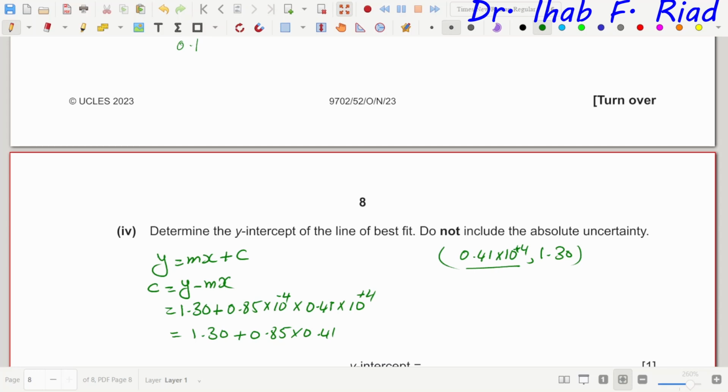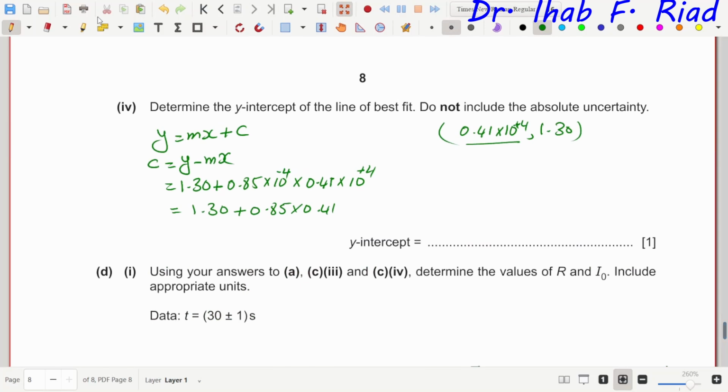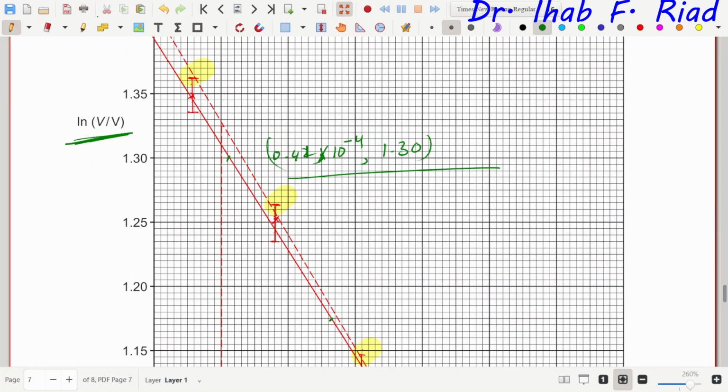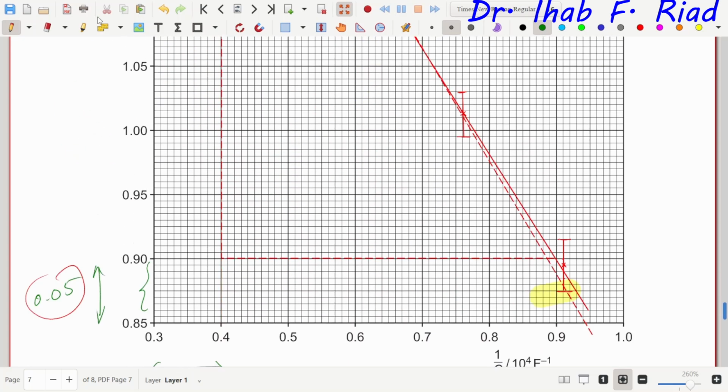It is 1.30 plus 0.85 times 0.41, which is 1.649. Okay, does it have units? It is the y-intercept, and it has the unit of the y-axis, so it doesn't have units over here.